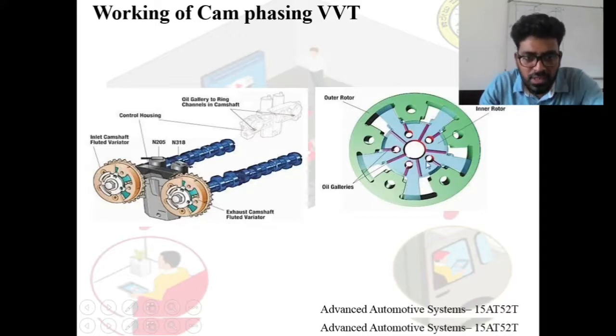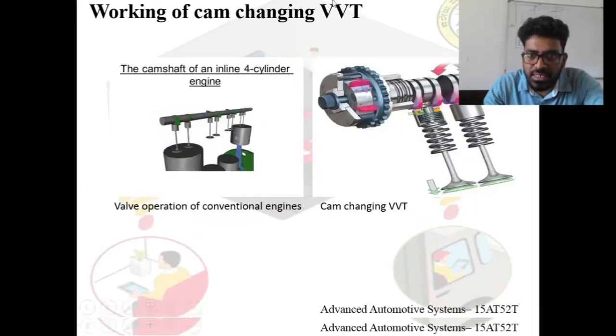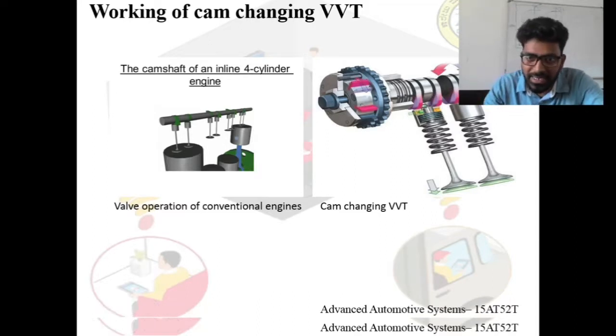And one more thing: in the earlier cam changing VVT, for one valve operation they use two or three different cam profiles. One is small and another is big; the bigger one is for more advance and more duration of valve lift, and the smaller one for normal speed and idle speeds.